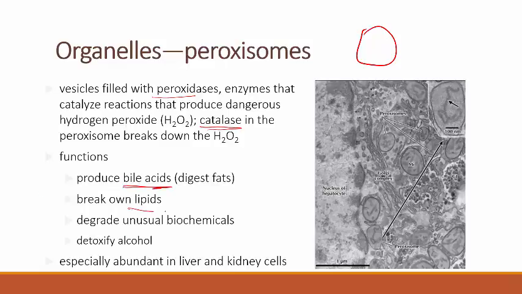They can use it to break down lipids, to degrade really strange biochemicals, and to detoxify alcohol. So a lot of different things get digested in peroxisomes, and they are especially abundant in the liver and the kidney cells, because that's where we do most of this breaking down of these chemicals that along the way will produce these peroxides.